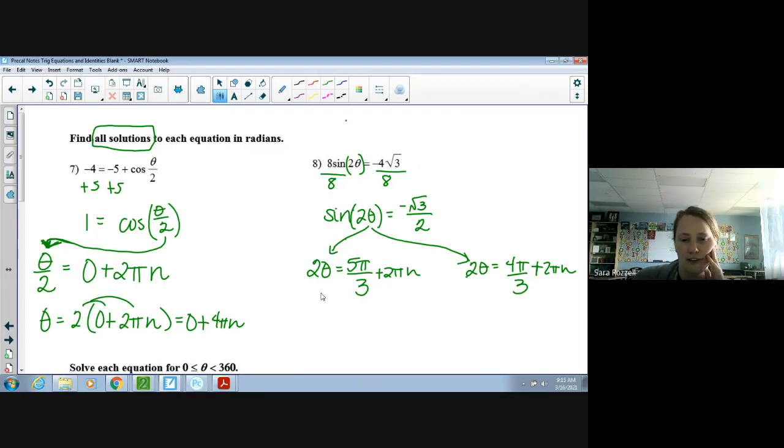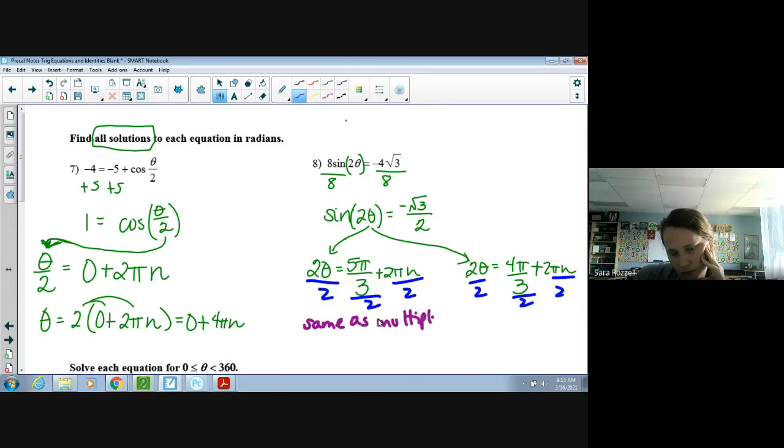So we're going to divide everything by 2, but that's the same as multiplying by 1/2. So theta is 1/2 times 5 pi over 3 plus 2 pi n.